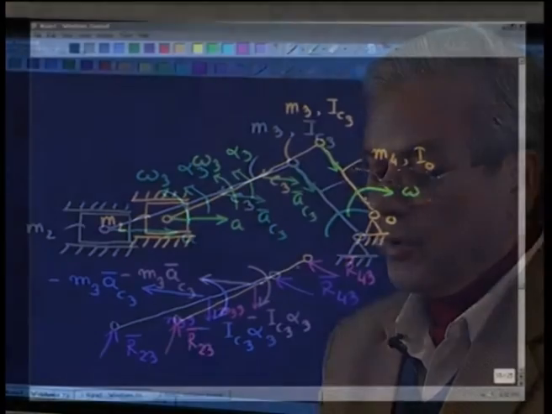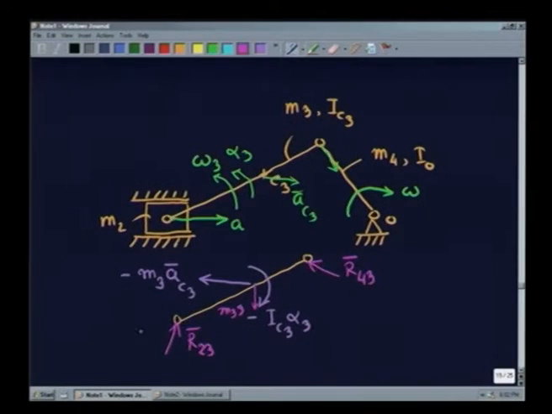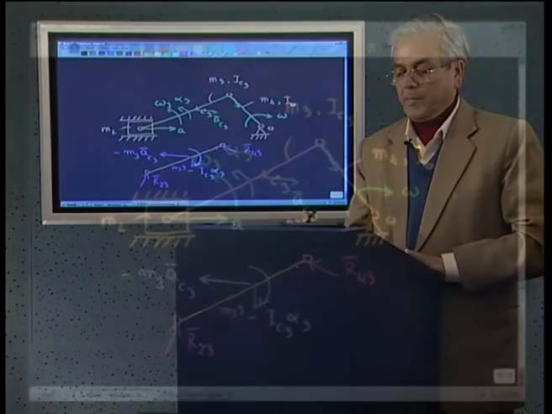That means the total force will be 0, and the total moment about any point will also be 0.